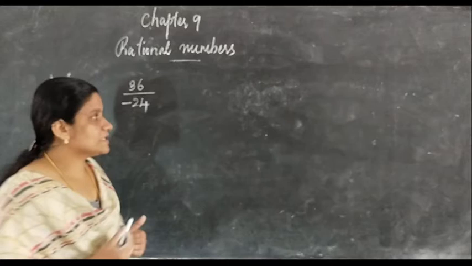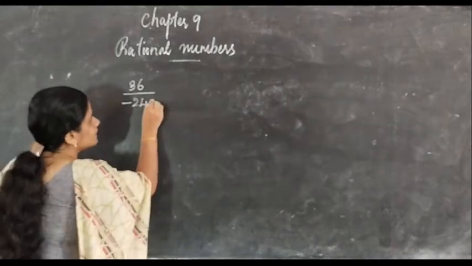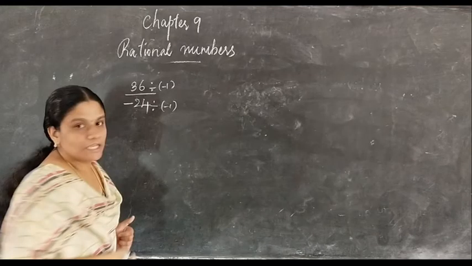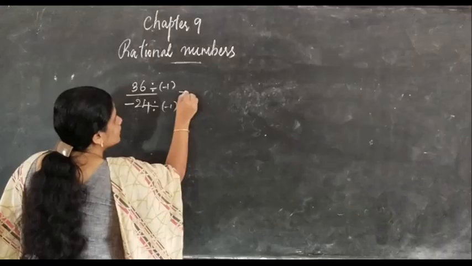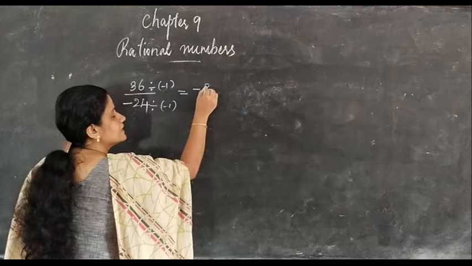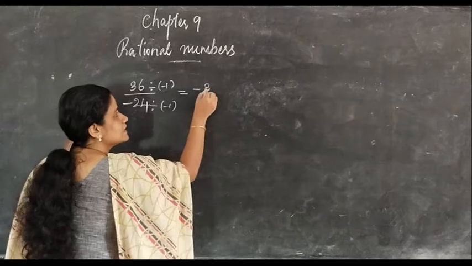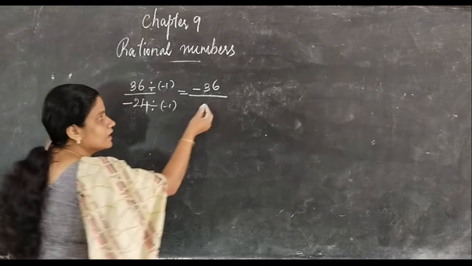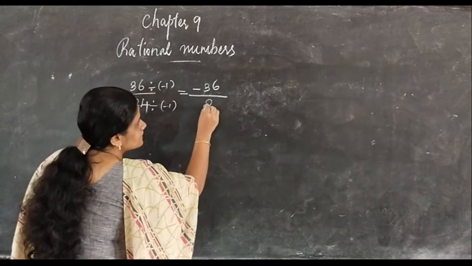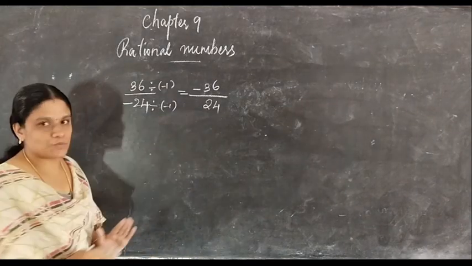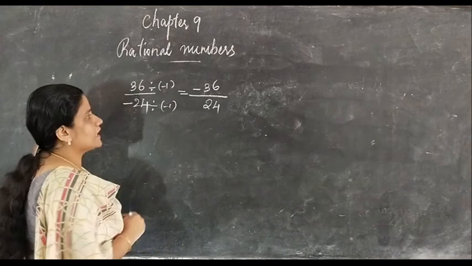If we divide both the numerator and denominator by negative 1, we get 36 divided by negative 1, which is negative 36, by negative 24 divided by negative 1, which is 24. So the first condition is satisfied. The denominator is a positive integer.